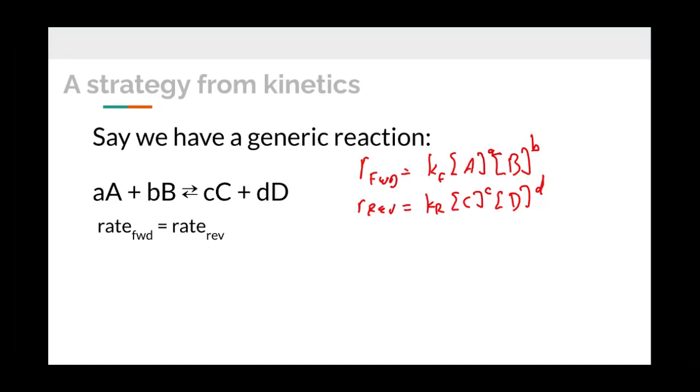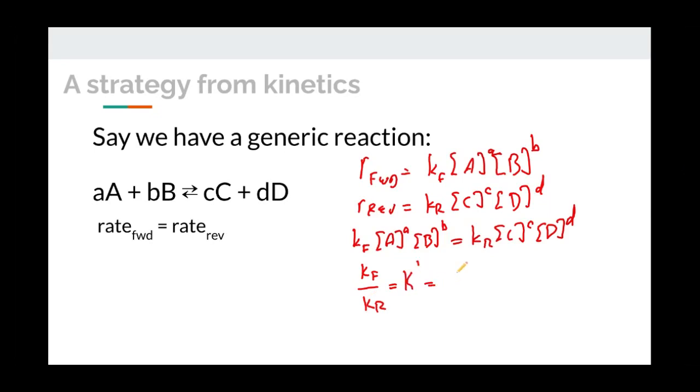But if it's at equilibrium, these are equal to each other, so that means we could say k forward times concentration of A to the a times concentration of B to the b equals k reverse times concentration of C to the c times concentration of D raised to the d power. But this would mean that k forward divided by k reverse, which is just another constant, would be equal to concentration of C to the c, concentration of D to the d, over concentration of A to the a, concentration of B to the b.